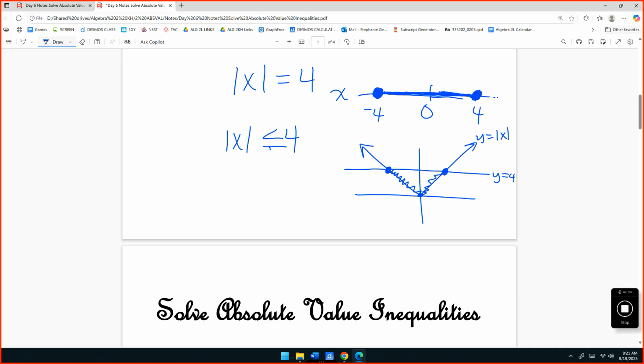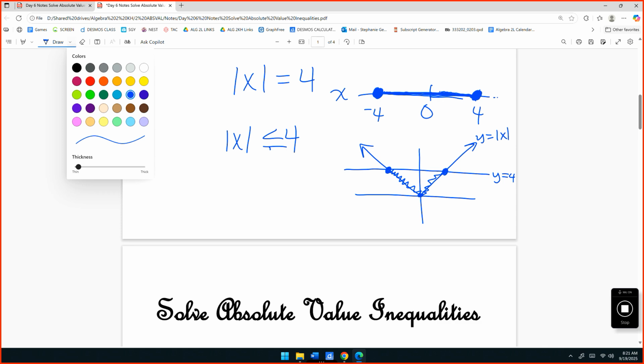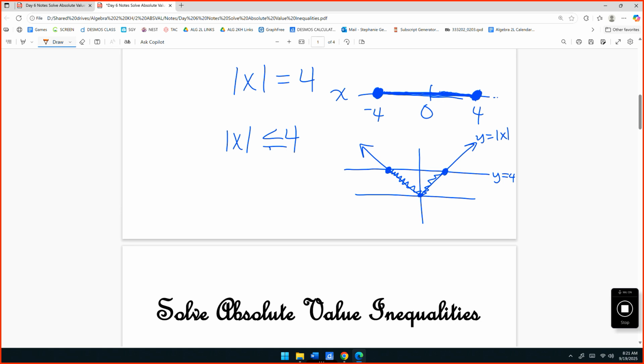Likewise, if I wanted to ask about when is it greater than or equal to 4, wouldn't that just be this part, the part where the graph is above the line? And if I shrink that down and put that on a number line, wouldn't that just be right here?